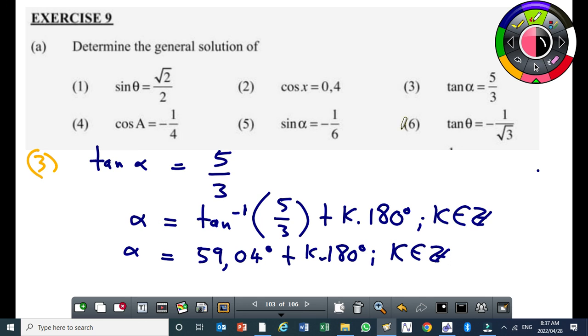It will be exactly the same. The reason is that the trigonometric graphs are periodic. They oscillate, they repeat themselves from negative infinity up to positive infinity. So we have an infinite range of solutions.